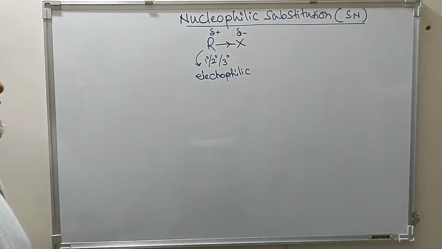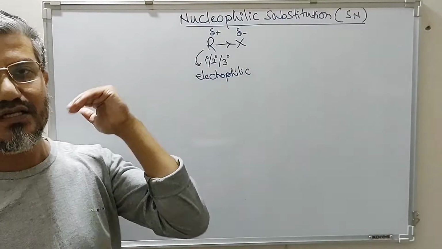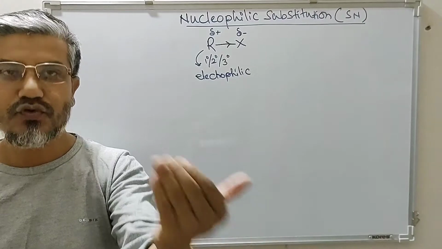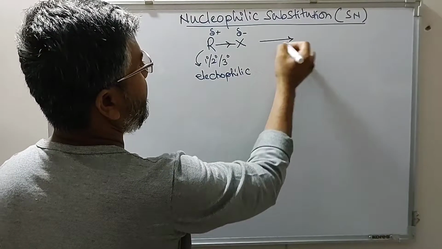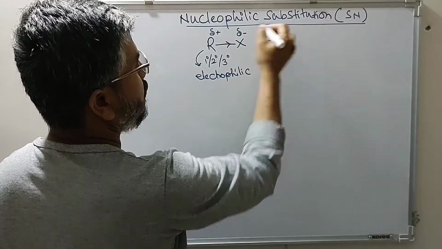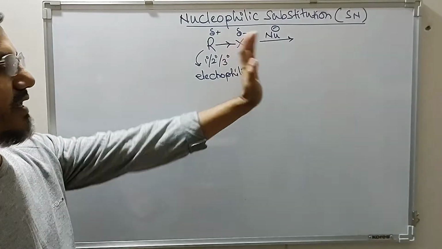So we have an electrophilic carbon. This electrophilic carbon can easily be approached by a nucleophile. So we have a nucleophile, let this be Nu. This nucleophile will replace this X minus.